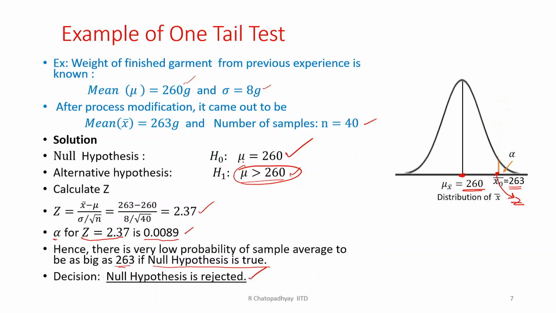In that case, X0 would have been on this side, because the sample mean now is less than 260. So the test procedure or solution procedure is exactly the same. The values will differ now.